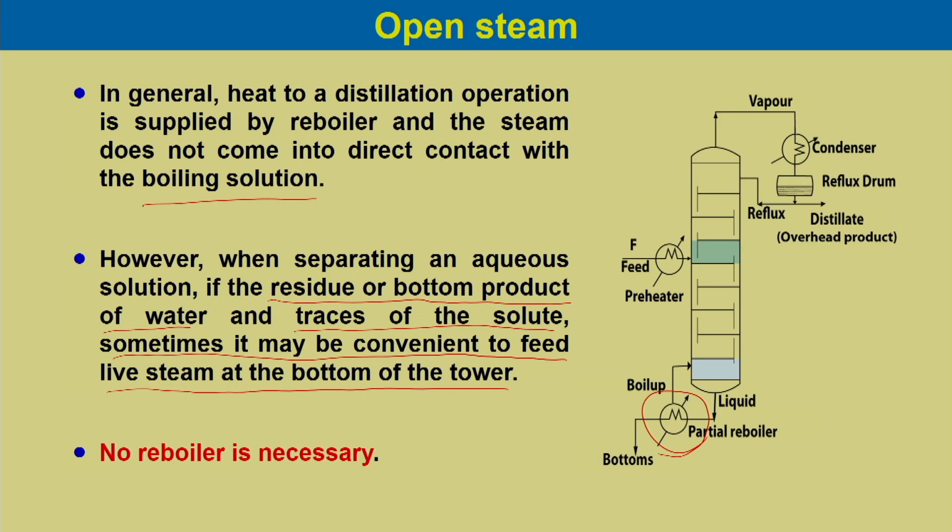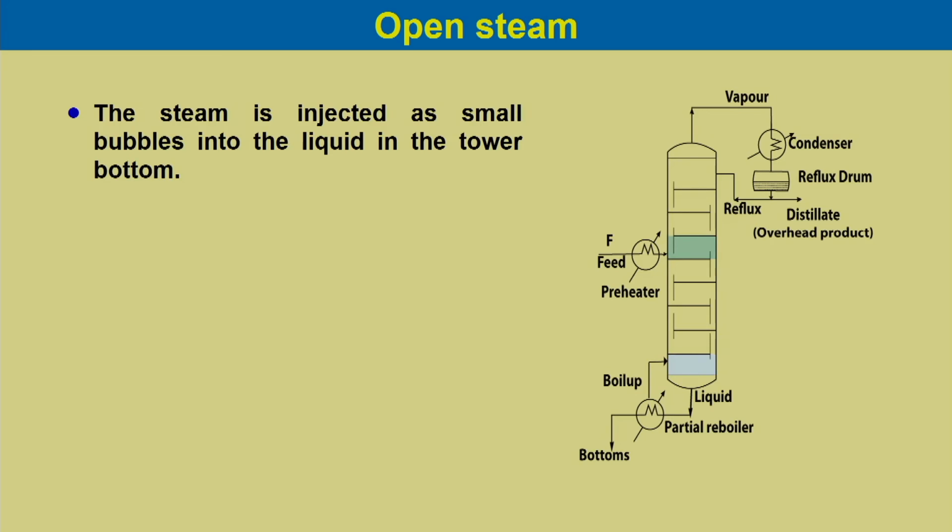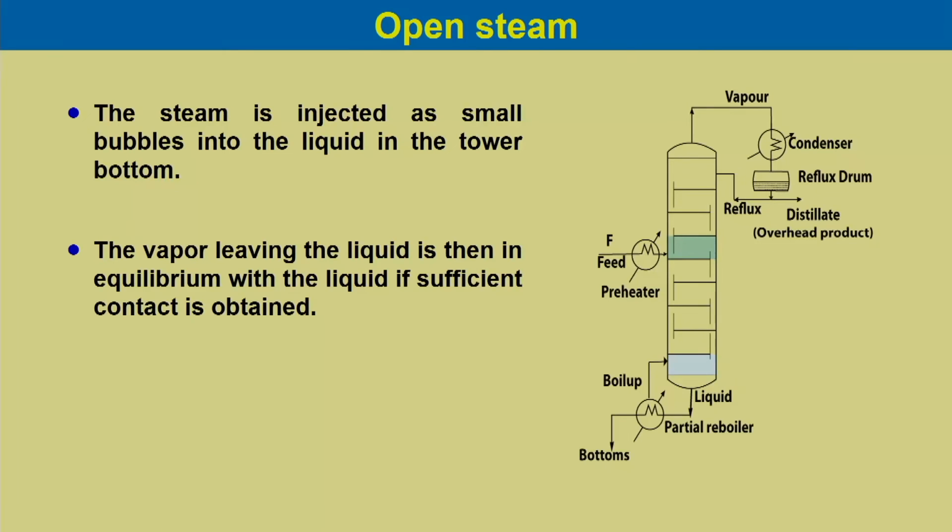So, live steam you can just inject into the tower bottom. The steam is injected as small bubbles into the liquid in the tower bottom, so that will heat up the solution. The vapor leaving the liquid is then in equilibrium with the liquid if sufficient contact is obtained.